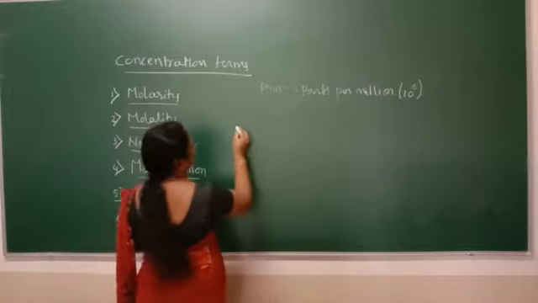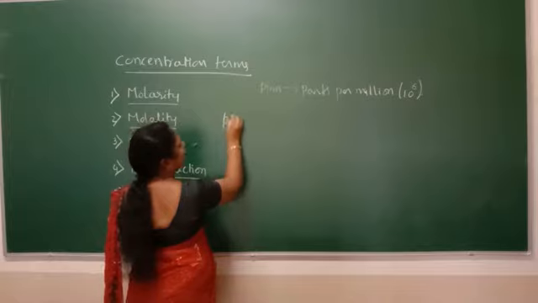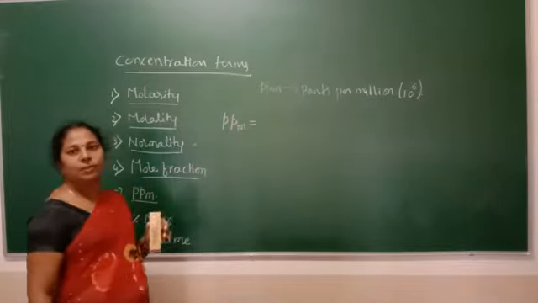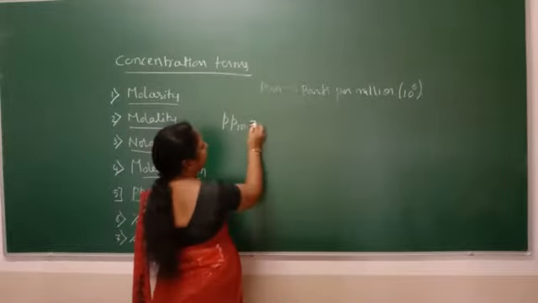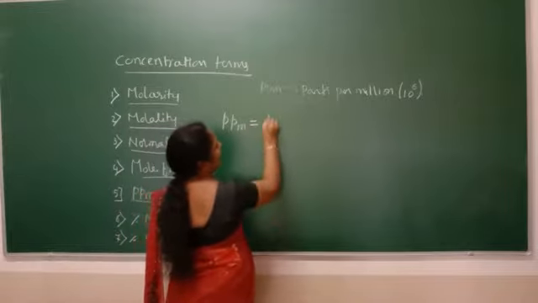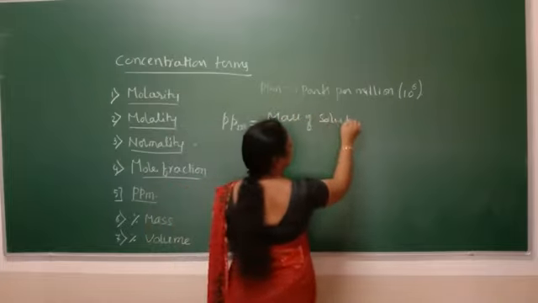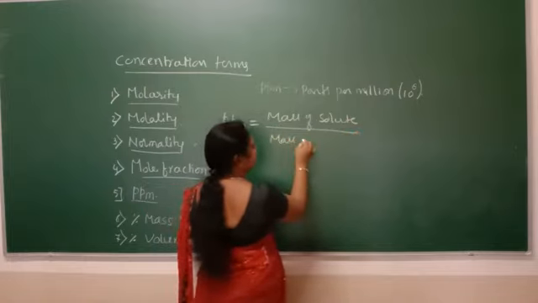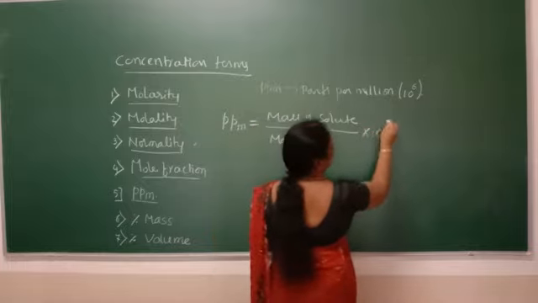So we have one equation to calculate the value of ppm. ppm is calculated using the equation: mass of solute divided by mass of solution, into 10 power 6.